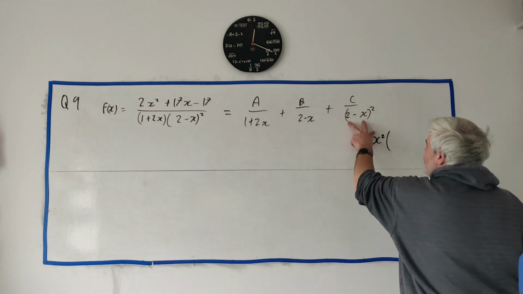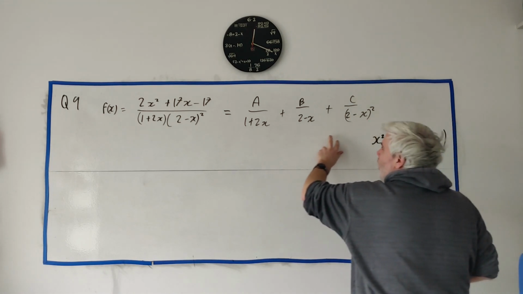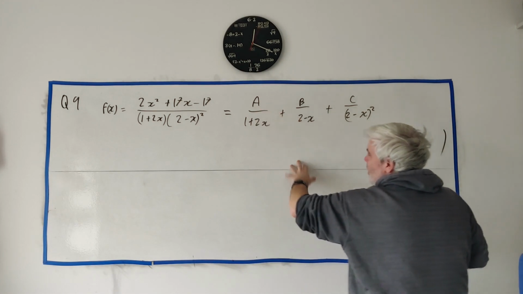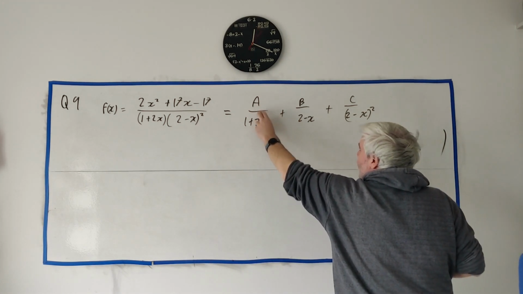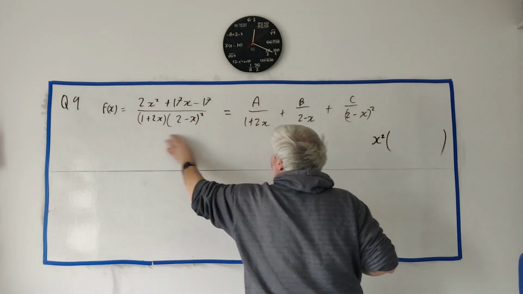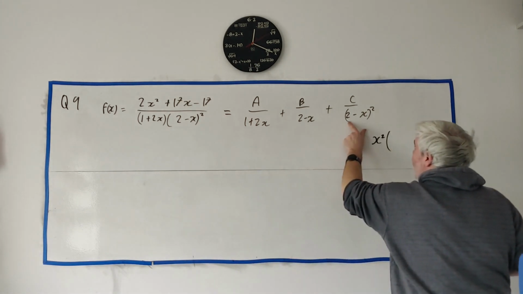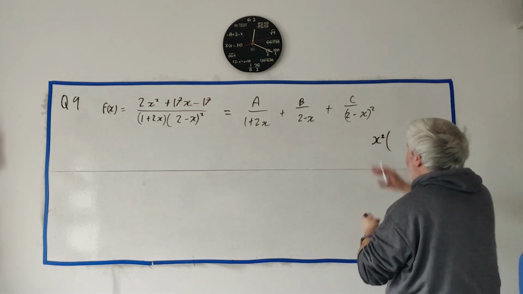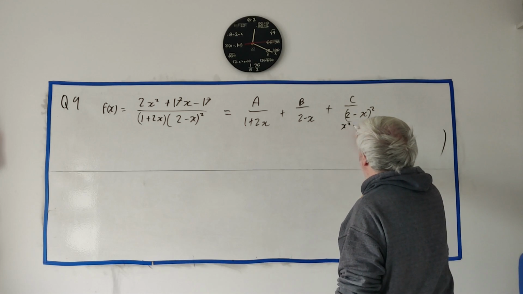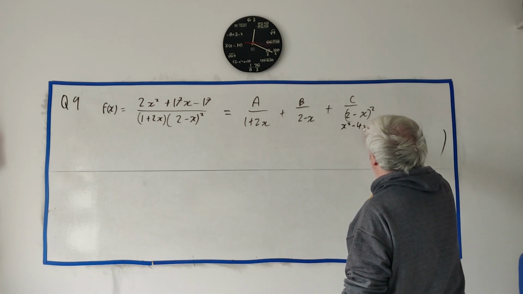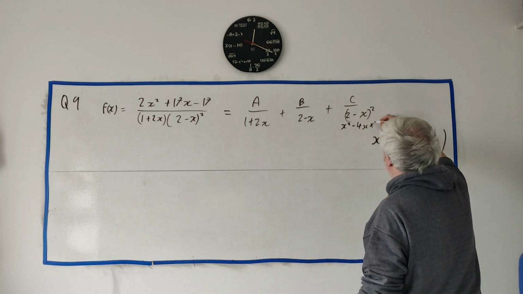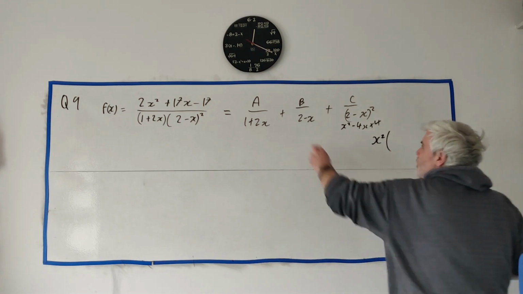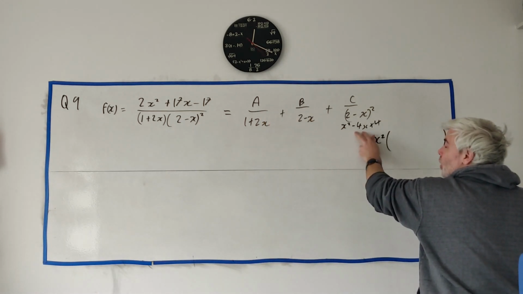This term here, A, to get to this term, will need to multiply by this. Let's expand this out underneath here: x squared minus 4x plus 4. So A will end up getting multiplied by all of this.